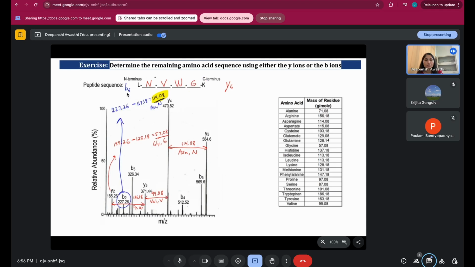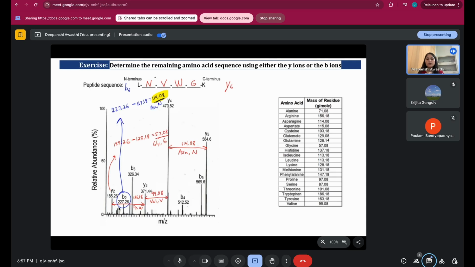Okay, so now let's begin by taking the information of B type ions. In this case if you see, B6 will correspond to the entire peptide sequence. When we begin from B1, it will only have L, that is leucine, and B2 will have both leucine and the second position residue which is N, which we know, but now we don't know.